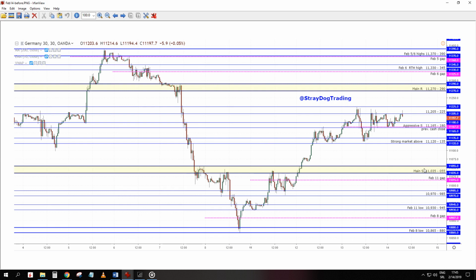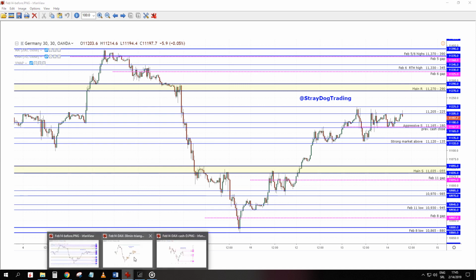Also, this is the main support zone where bulls made this move to the upside above this kind of breakout. So there are plenty of reasons why you should expect a reaction from those zones.